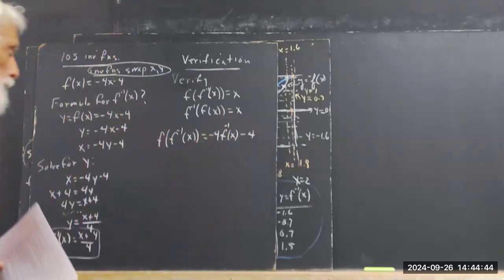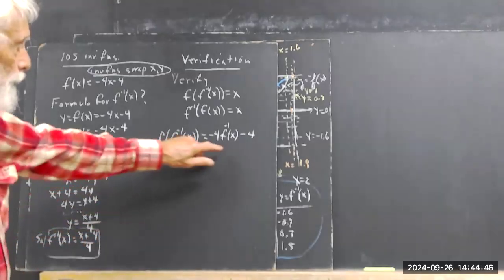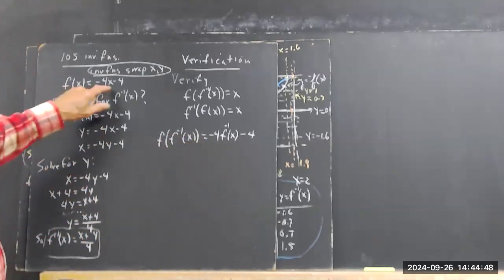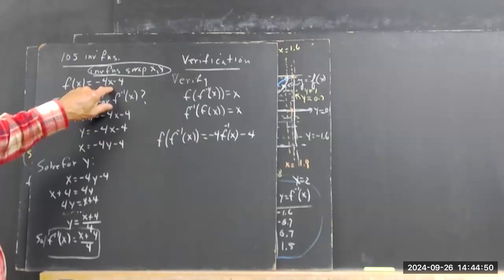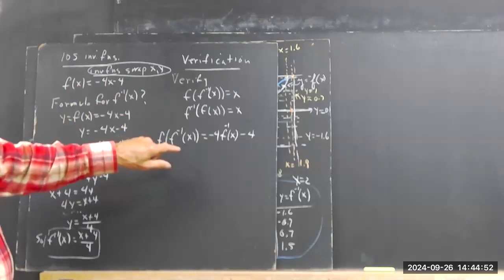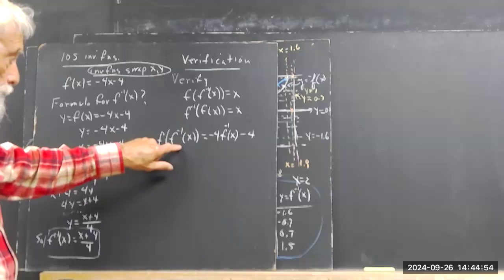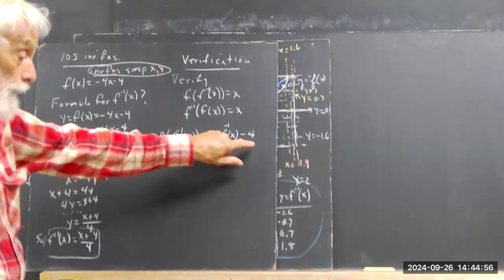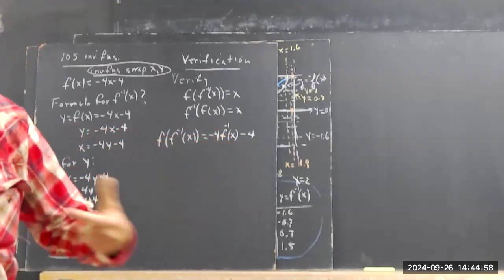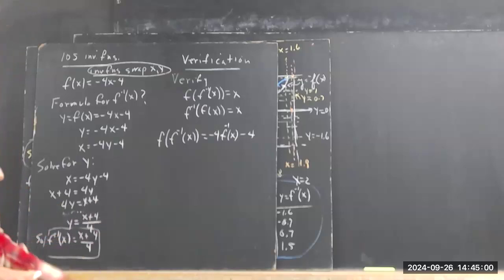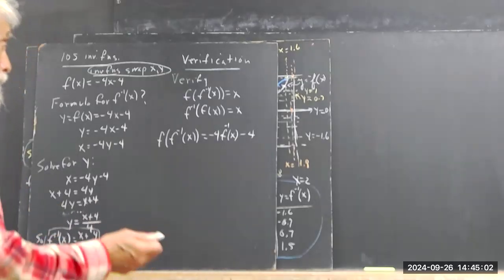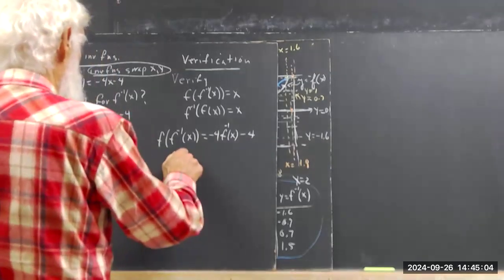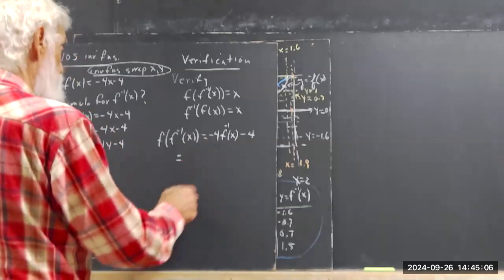I don't recommend at this stage that you skip this step where you rewrite f of x equals negative 4x minus 4 as f of f inverse of x equals negative 4 f inverse of x minus 4. It's real easy to confuse these symbols and make careless errors so things don't work out. You want to write this out.